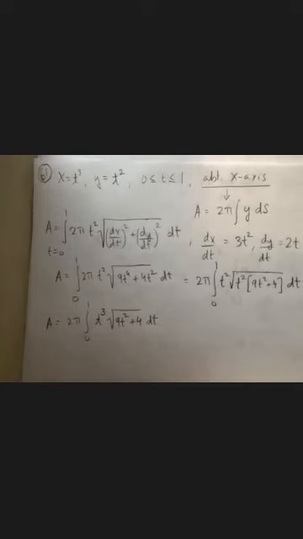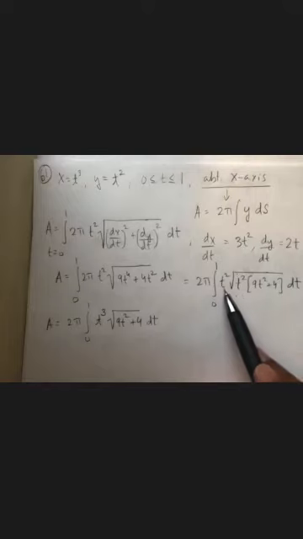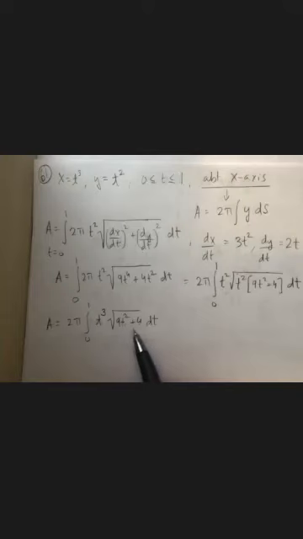Now we have t cubed outside. We already had t squared, and then the radical of this t squared gave us t. So we have t cubed, and inside is 9t squared plus 4.